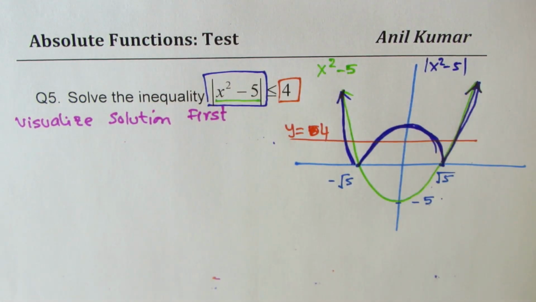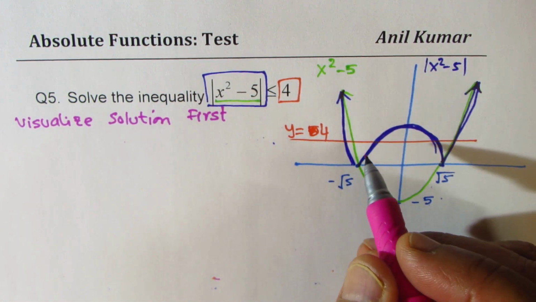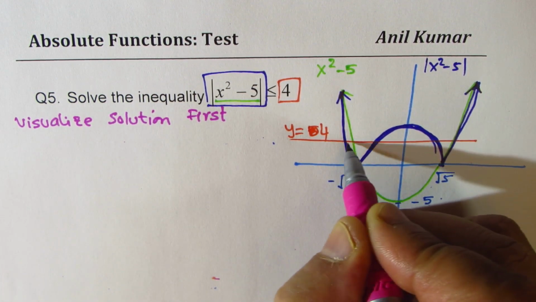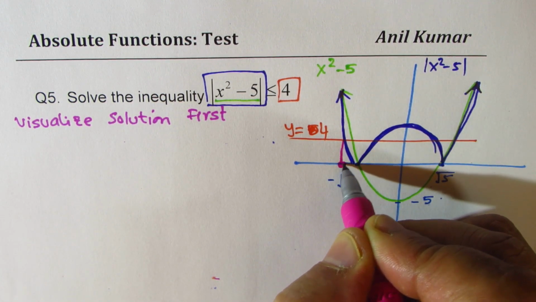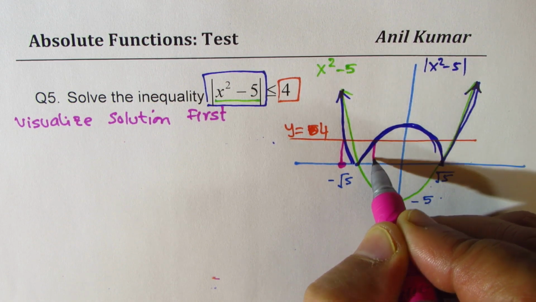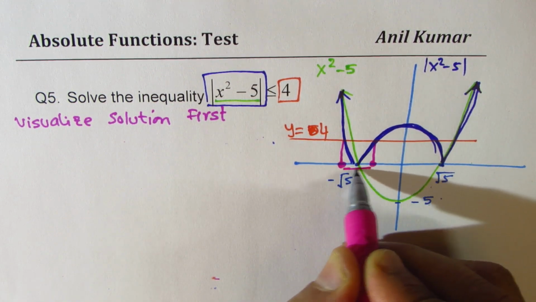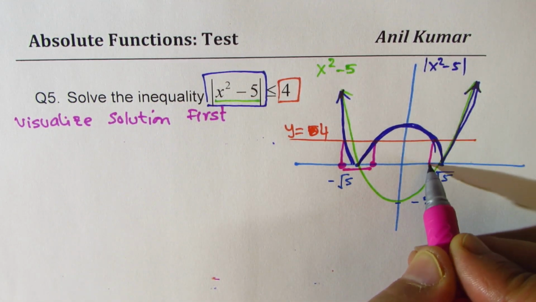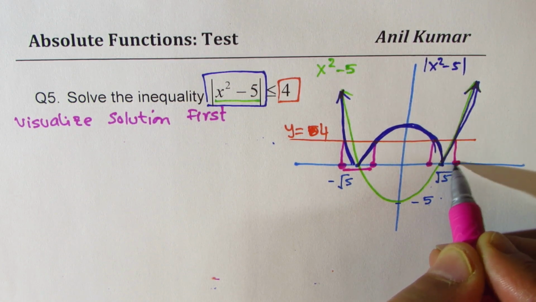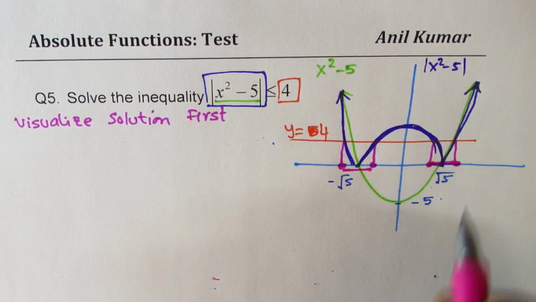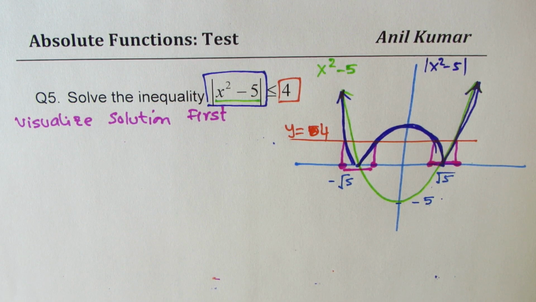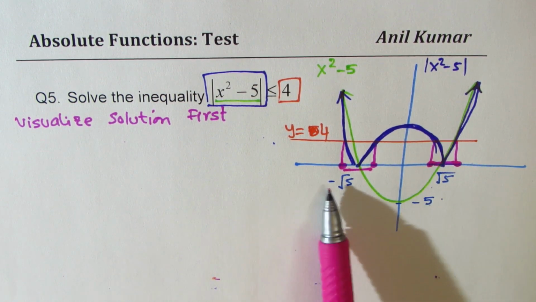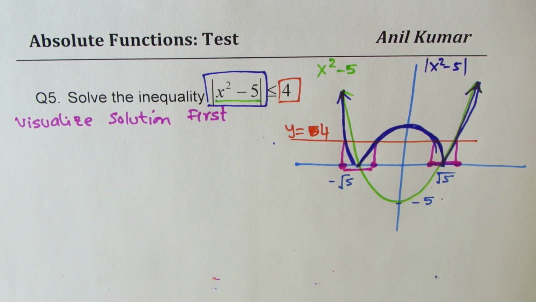So when I say that 4 is greater than the absolute function, it means we are interested in this portion. 4 is greater only in this interval and also equal, right? So that's the interval, correct? And that's the interval. So this is the part of solution. Is that okay? Very even, correct?